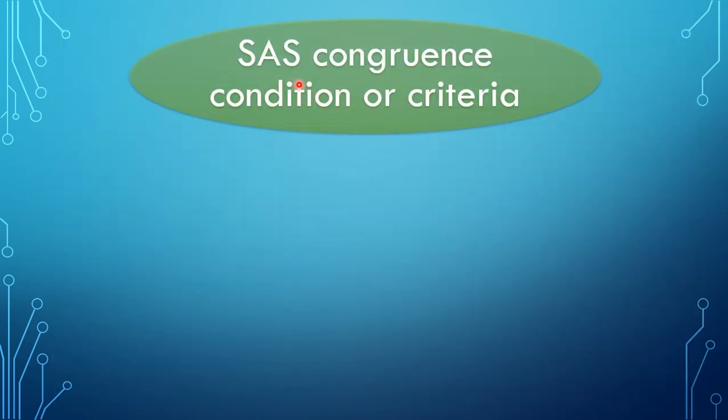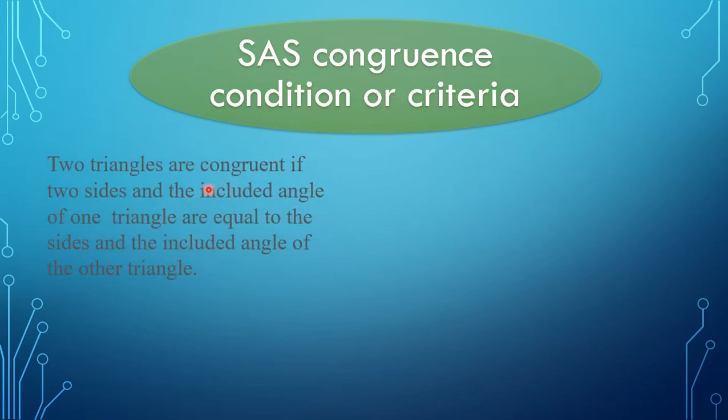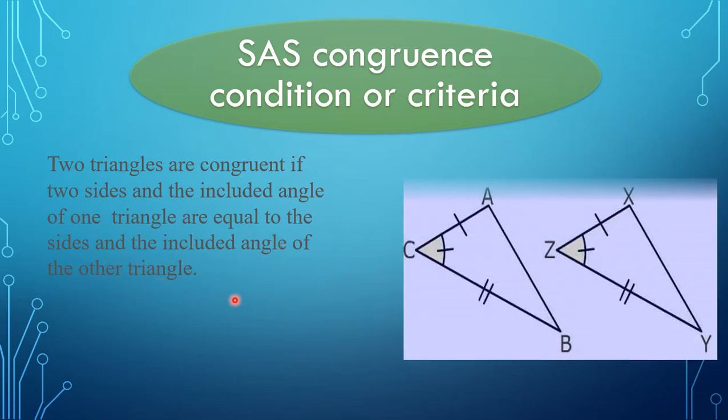Now let's talk about SAS congruence condition. As SAS itself says, two triangles are congruent if two sides and the included angle of one triangle are equal to two sides and the included angle of the other triangle, as in this figure.